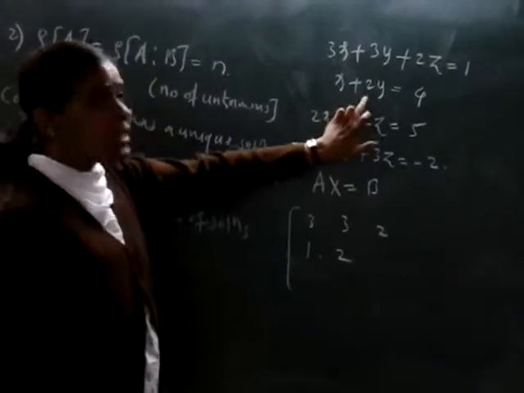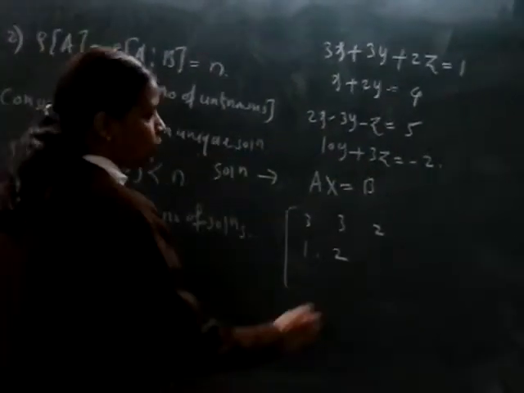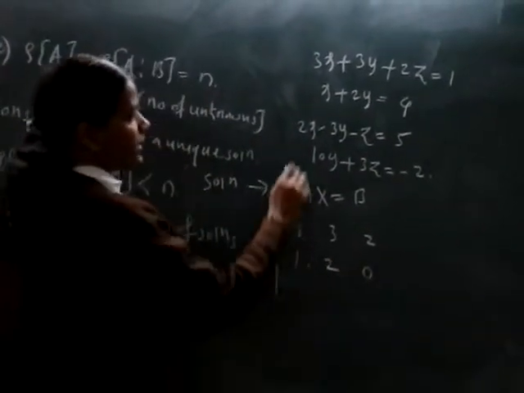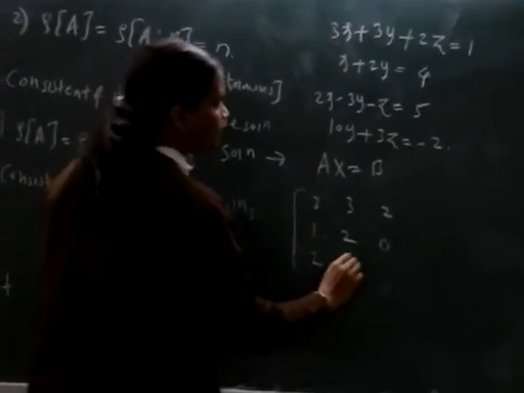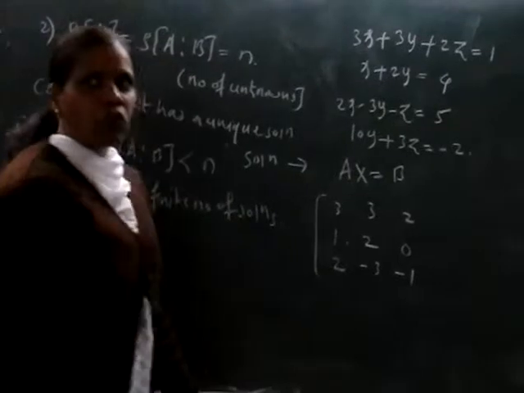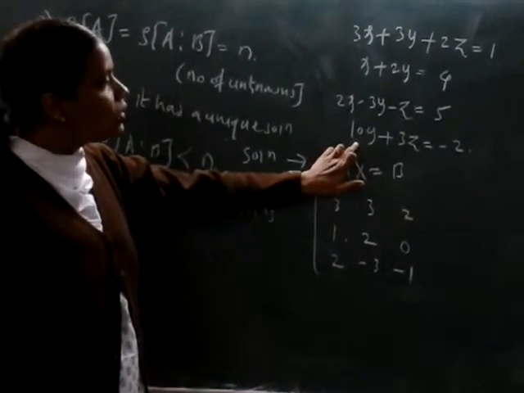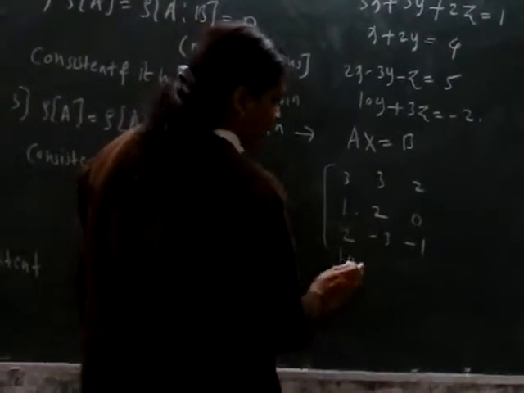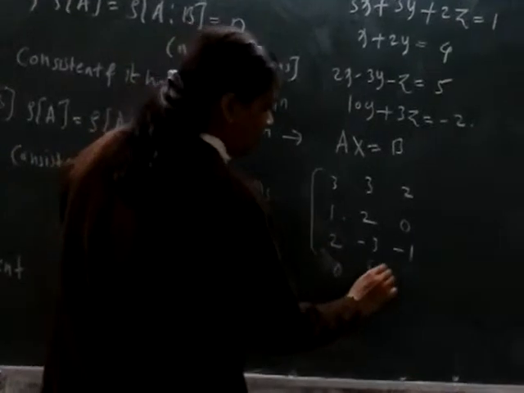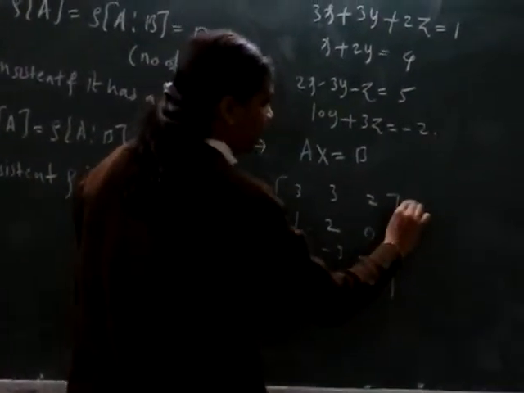Here the term of z is absent, therefore we take the coefficient of z as 0. Okay. Next equation, the coefficients are 2, minus 3, minus 1. And for the last equation, the coefficient of x is 0 because there is no term containing x. Okay, so the coefficients are 0, 10 and 3. This is the matrix A.